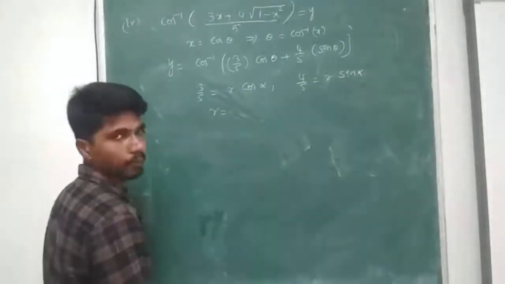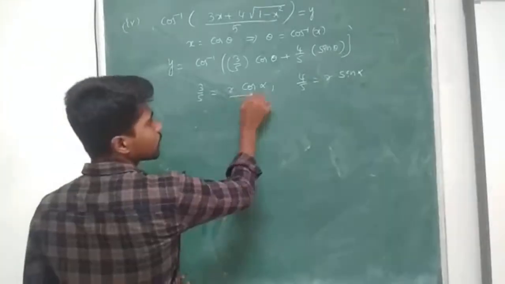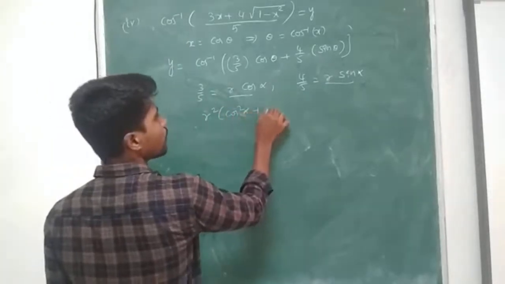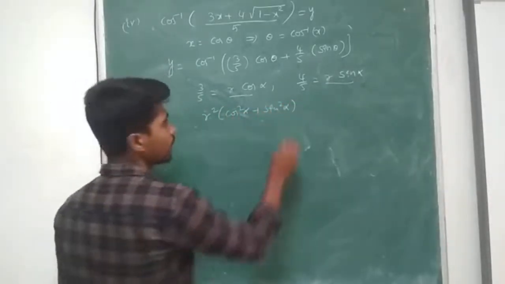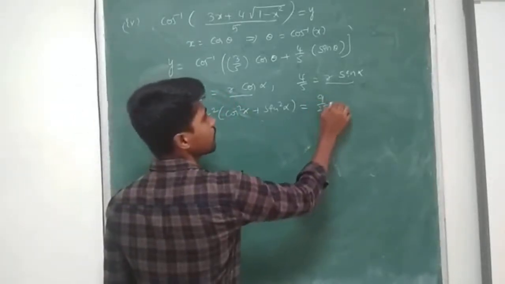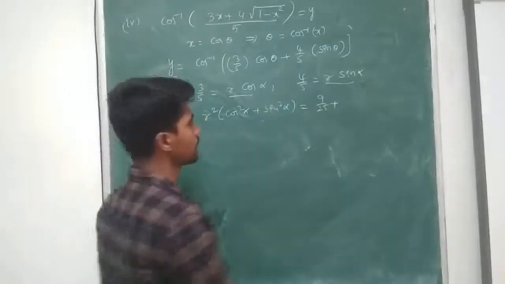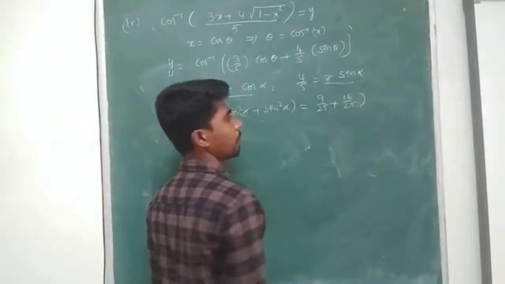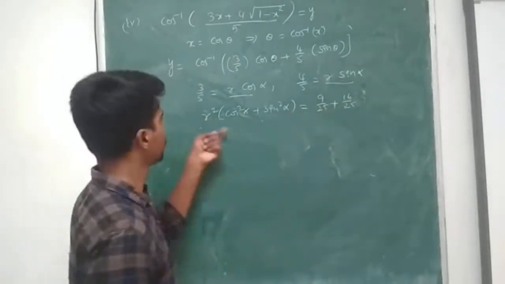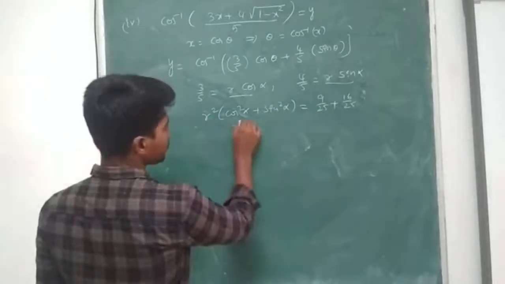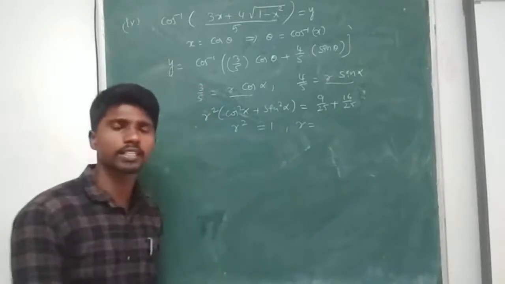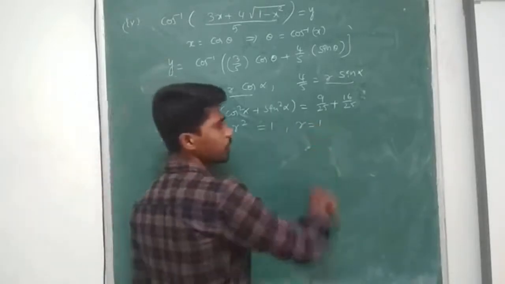Squaring and adding, r square into cos square alpha plus sin square alpha is equal to 3 by 5 whole square, 9 by 25, plus 4 by 5 whole square, 16 by 25. So 9 plus 16 is 25, 25 by 25 is 1. So r square into 1 is equal to 1. r is equal to modulus of 1, but here we have to consider r as always positive. So r is equal to plus 1.